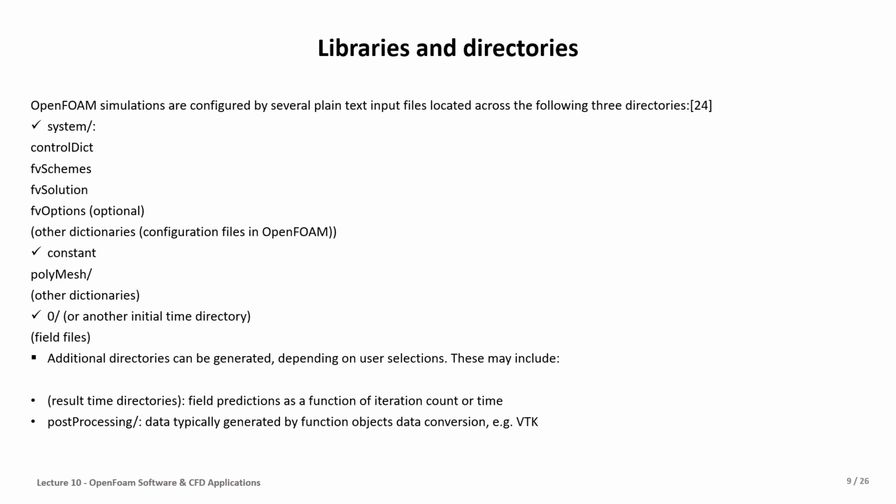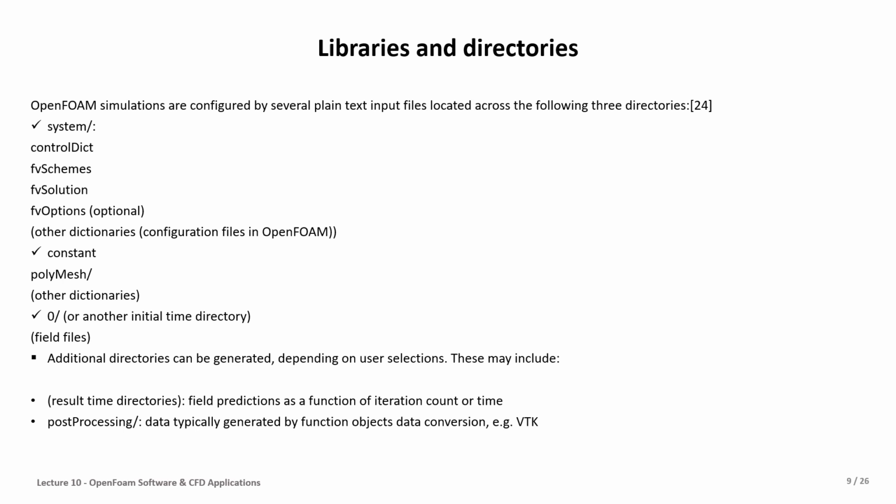Regarding the libraries and directories, OpenFOAM is a simulation configured by several plain text inputs. They are located in the system, constant, and zero directories, and each of them has these libraries, like controlDict and others.